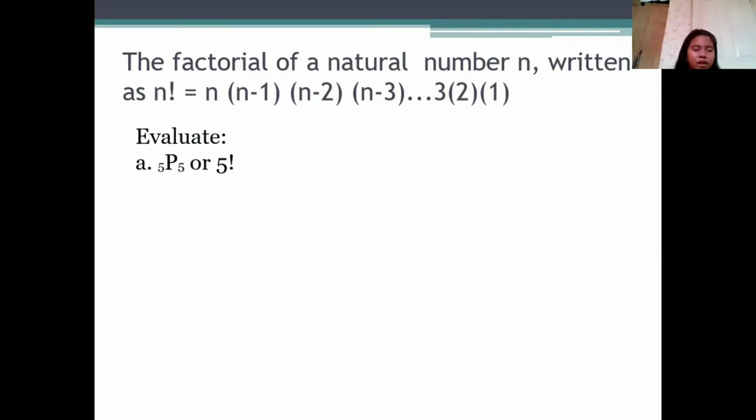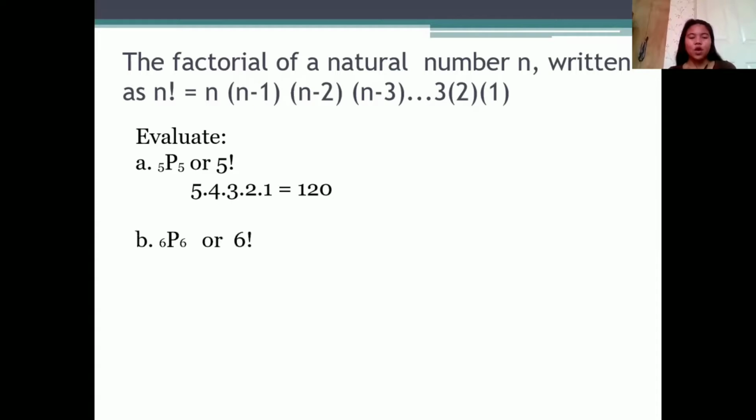So let's evaluate here. We have the permutation of 5 taken 5 at a time, or 5 factorial. The solution is 5 times 4 times 3 times 2 times 1, which is equal to 120. Next, we have the permutation of 6 taken 6 at a time, or 6 factorial.